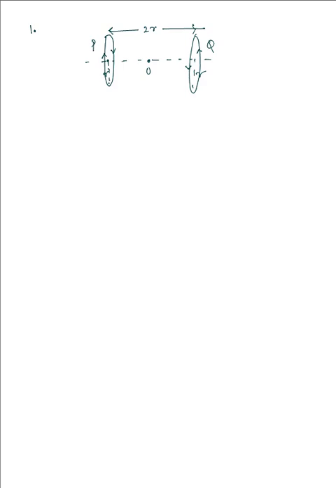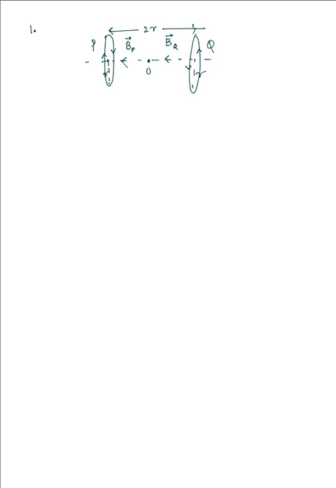So the magnetic field due to the coil P, I'll call it B subscripted with P, goes along that direction. And then for the counterclockwise sense, it goes out of the plane, and so you'll have the magnetic field due to the coil Q to be directed along that direction, which is away from the plane of the coil.